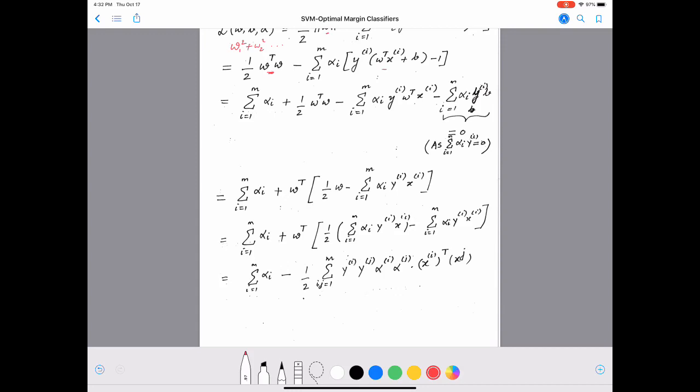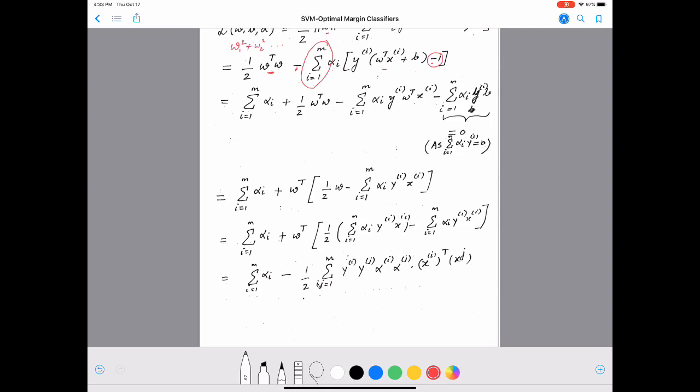Now we are expanding this sigma. Now we have this minus and this minus cancel out. So we can get the first term here, sigma i equal to 1 to m alpha i, by multiplying alpha i with this minus 1 term in the last.